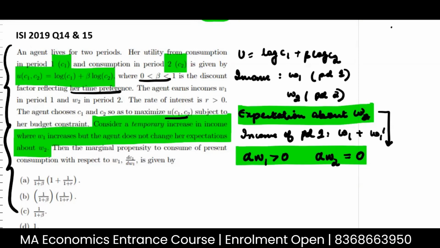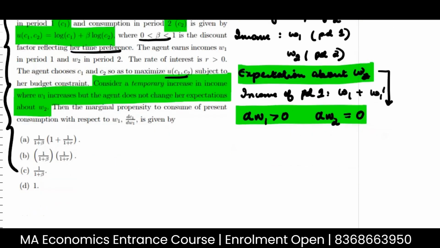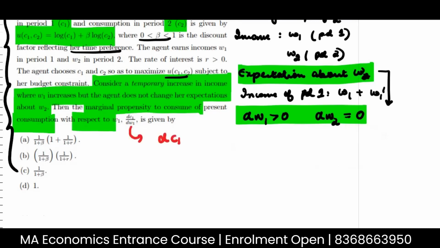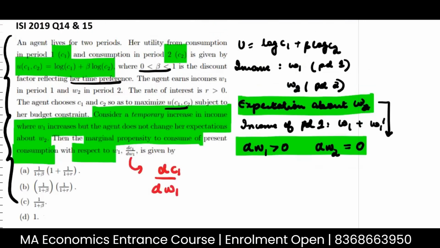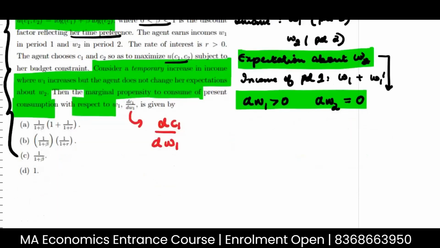So dW2 is 0. Now, it asks for the marginal propensity to consume of present consumption with respect to W1, which means the question is: how does consumption in period 1 change when wages in period 1 change? This is what the question is asking. Now, let us first write the budget constraint.